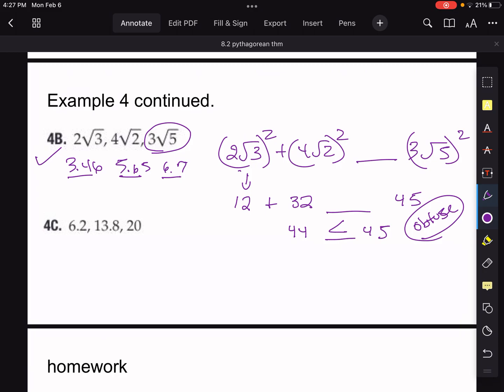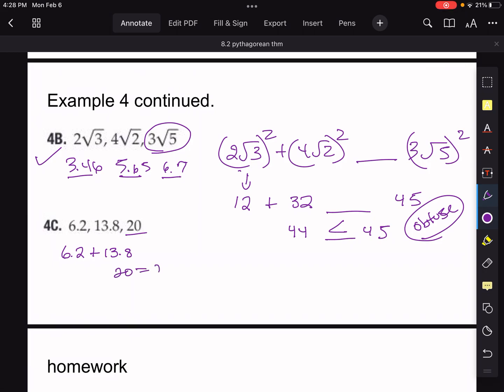Here, for the last one here, let's see here, we have, what is this, 19. So for this one, notice here when I'm testing this, if I do 6.2 plus 13.8, remember that has to be greater than the third side, okay? But when I add these together, I get 20.